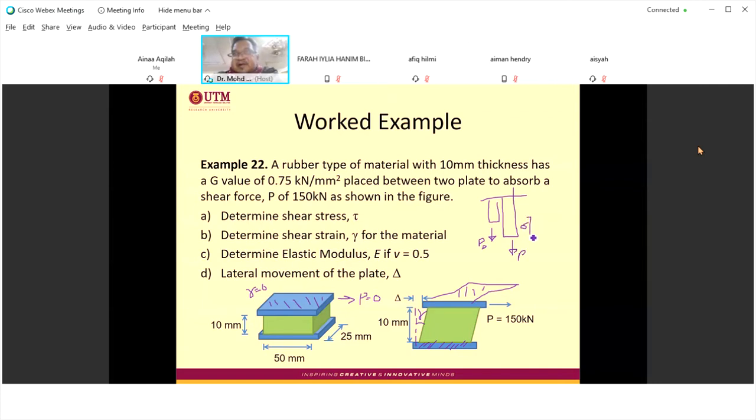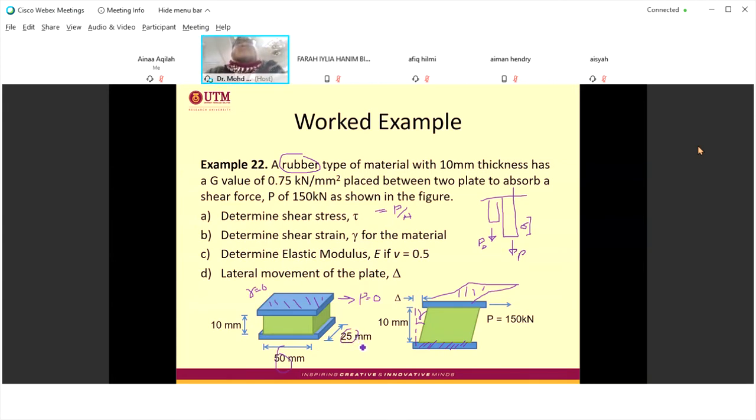Same goes here, but because it is rubber, the deformation is movement to the left, and it tries to create the gamma here. So determine the stress, P divided by A. A is 50 multiplied by 25.